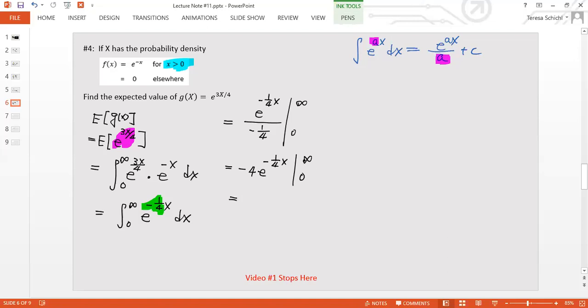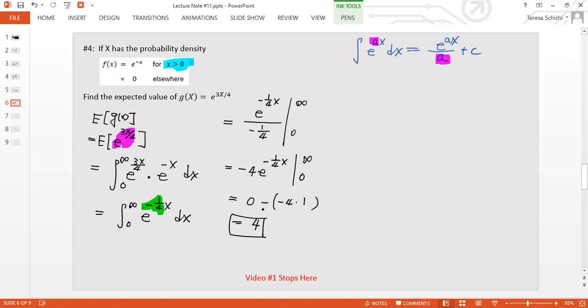When you put infinity in here, you get a big negative exponent. That means the denominator will be very big, so it's 0. Then you minus the negative 4. When you put a 0 there, what do you have here? 1, right? So that's why the expected value here is 4. Okay, and that's it for video number 1.